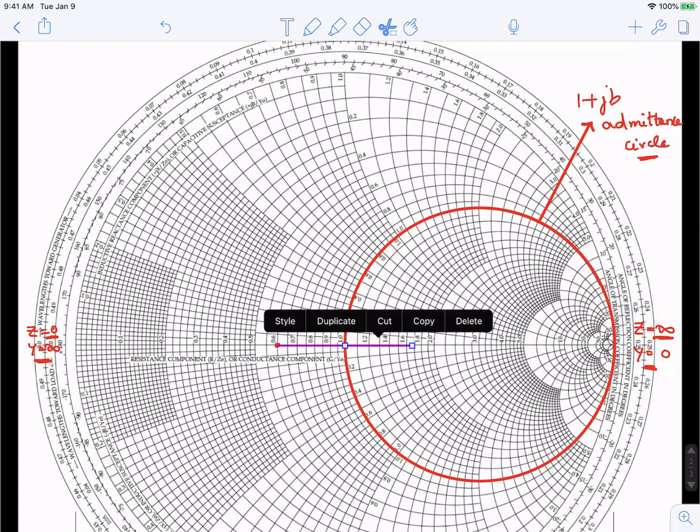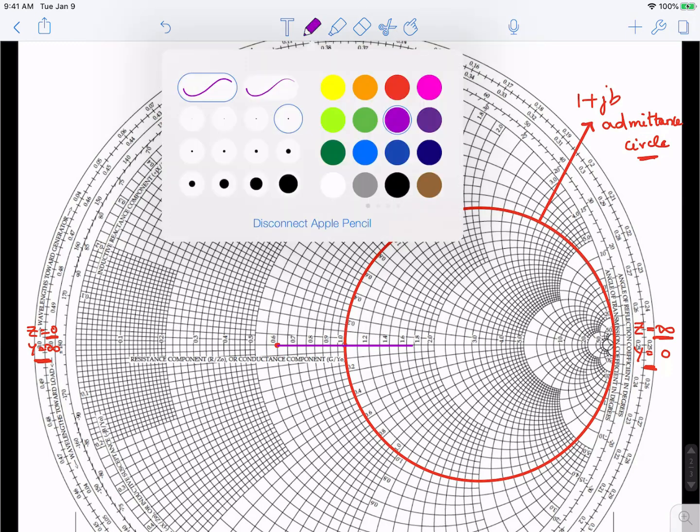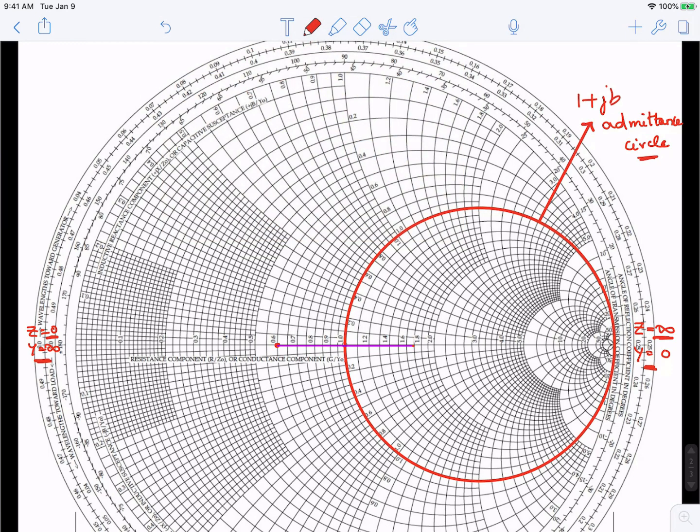It's better to always deal in terms of admittances. So ZL is equal to 0.6, which means YL is equal to 1.67. We will also draw a circle which looks like this.